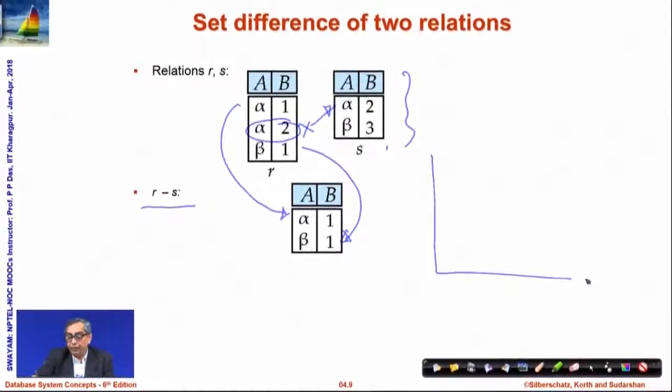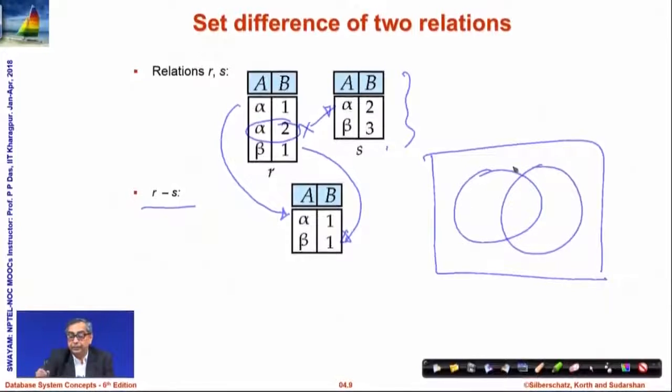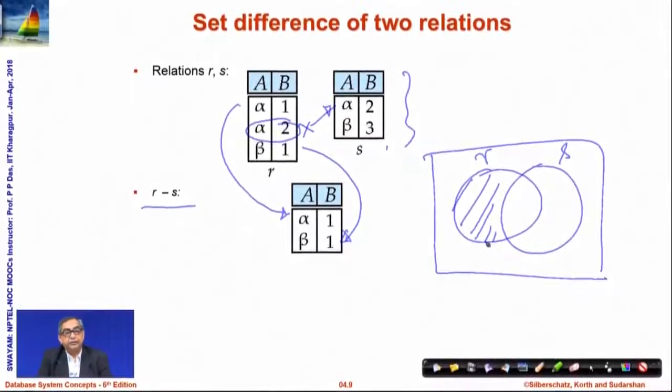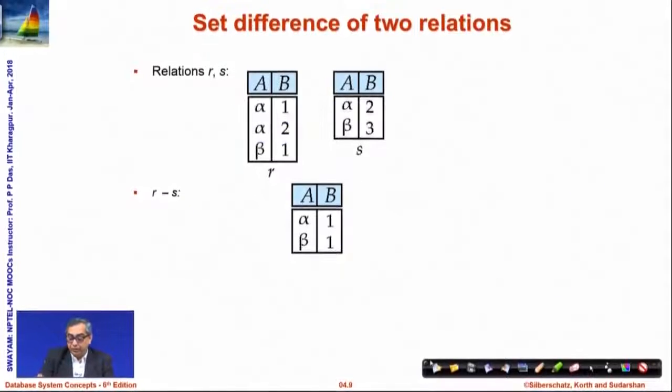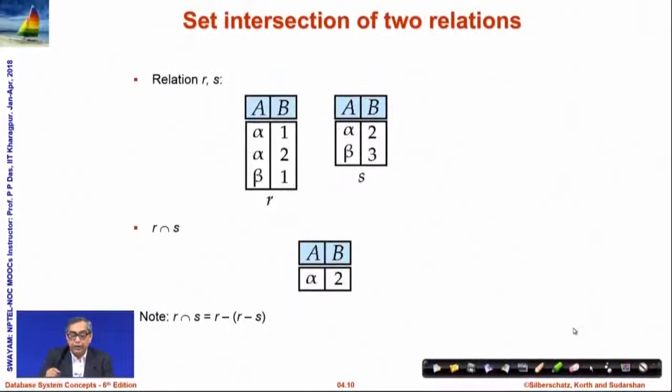So, just to recap, if I look into the Venn diagram, then this is a set R minus S, which belongs to R, but does not belong to S. So, this is a fourth operation that one can do with relational algebra.